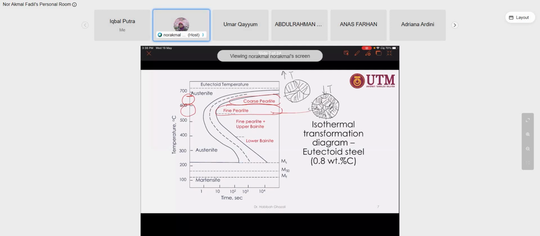Any idea? How is the fine pearlite obtained if we choose a lower isothermal temperature? For example, we take this one at 550 degrees Celsius and this one is 650 degrees Celsius. Do you know why? Any idea? Think.